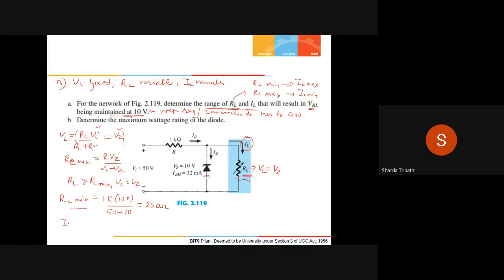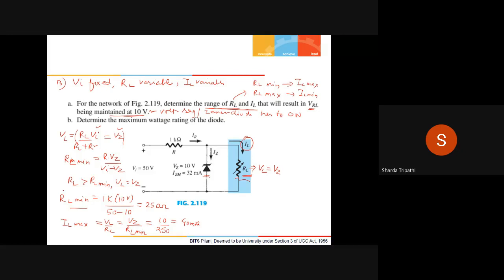Corresponding to RL min, I can find out IL max. So this will be equal to VL divided by RL. That actually is VZ divided by RL min. VZ is given as 10. RL min you found out just now as 250. So this comes out to be 0.04 or 40 milliamperes.